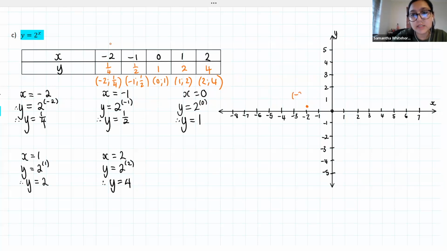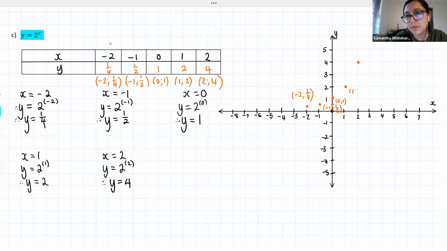It's a bit of a guesstimate, but you get it as accurate as you can. Next one was (-1; 1/2). Now it's halfway between 0 and 1, which is about there. Plot our point. And so we keep going: (0; 1), (1; 2), (2; 4).